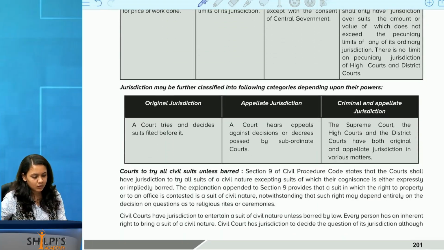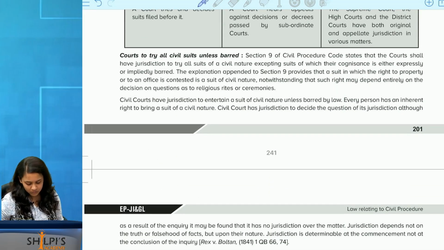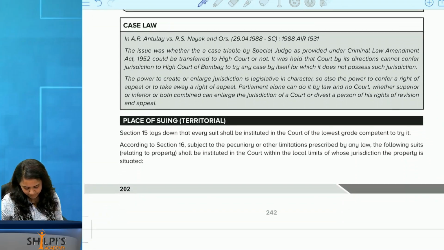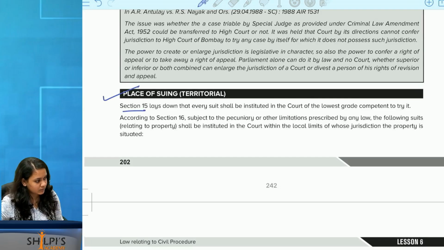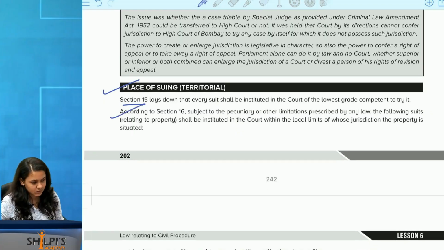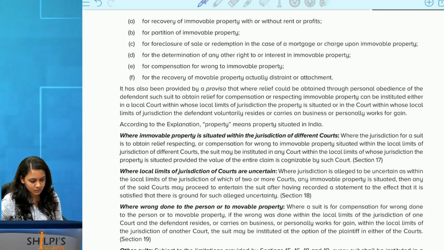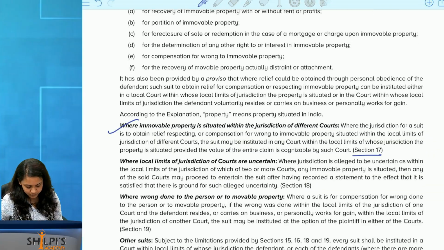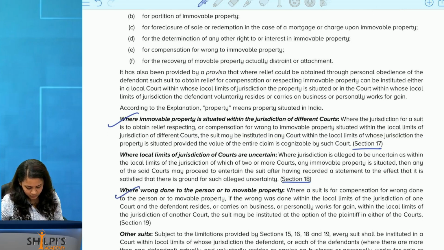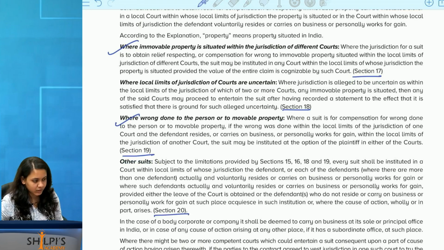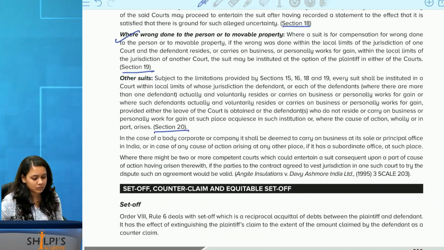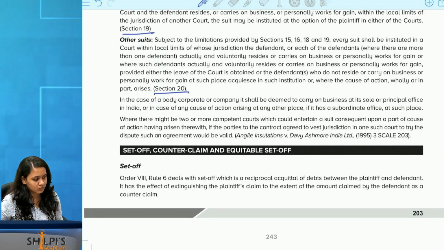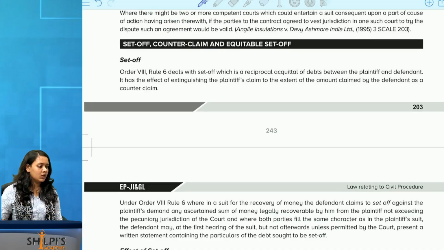After that, whether it's original, appellate, criminal and appellate jurisdiction, section 15, place of suing, section 16, section 17, 18, 19, 20. You need to be thorough till this point.